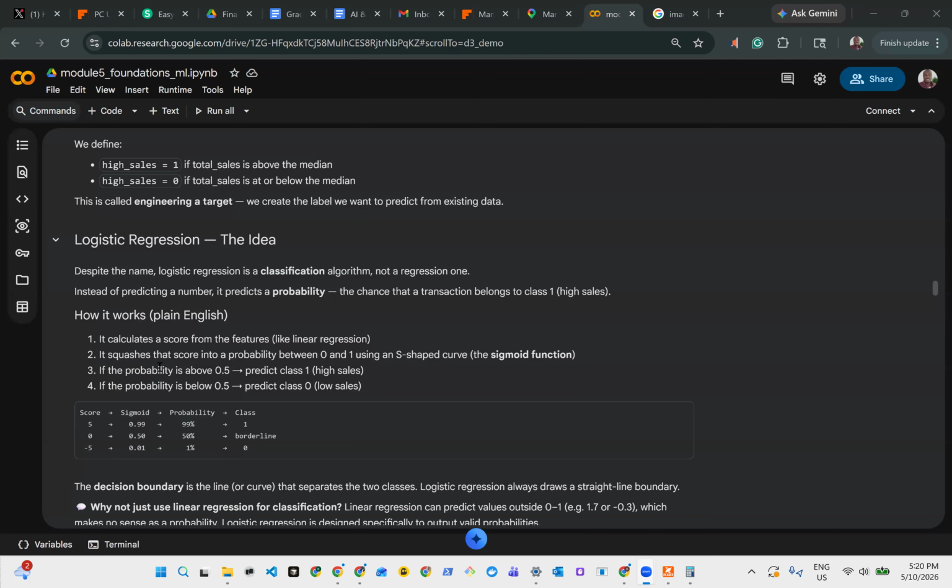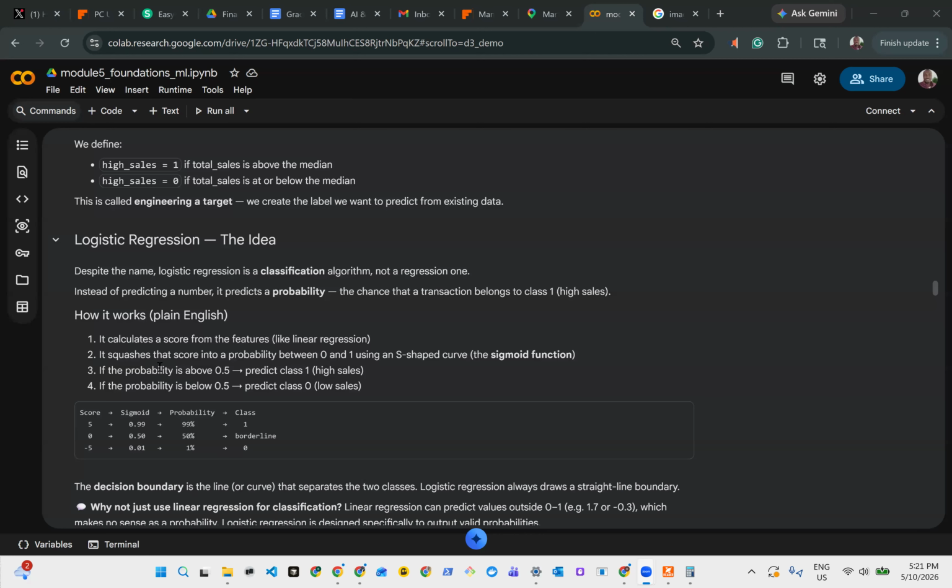So if the probability is above 0.5, we predict it's high. The 0.5 in a normal linear regression problem would be like 50% of our accuracy. But here, instead of using that 0.5, we just want to get a final result of 1 and 0.